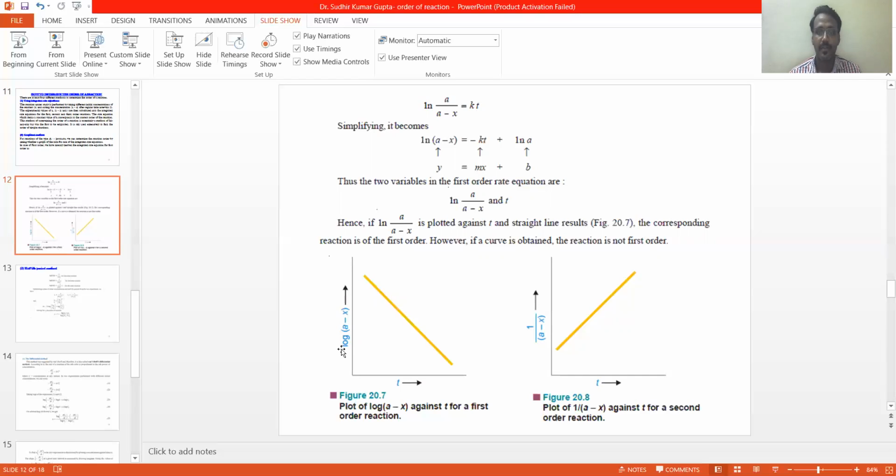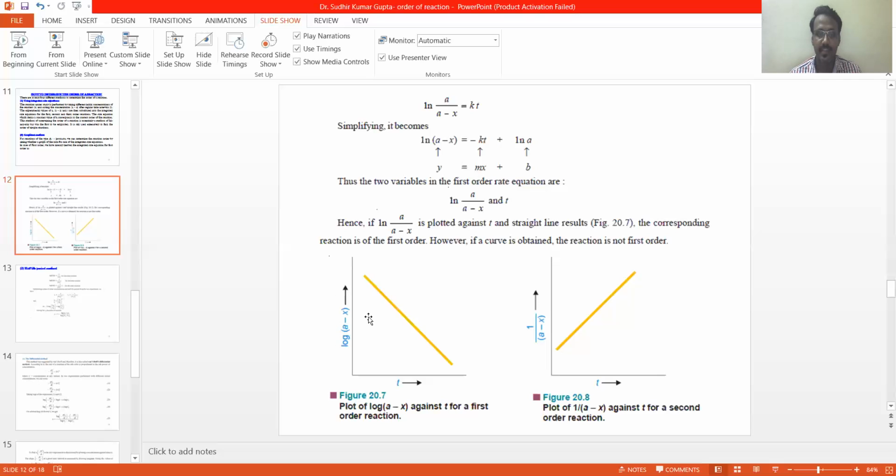Log of 1 upon a minus x is directly proportional to t, since it is equal to kt. So t is directly proportional to log of 1 upon a minus x, but inversely proportional to log of a minus x.